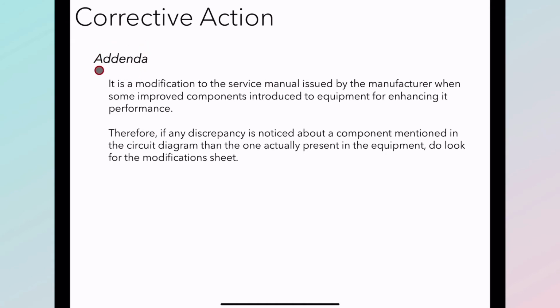Addendum is singular and addenda is plural. That is a section which is a new addition to the service manual, made after they have made some improvements in the equipment.